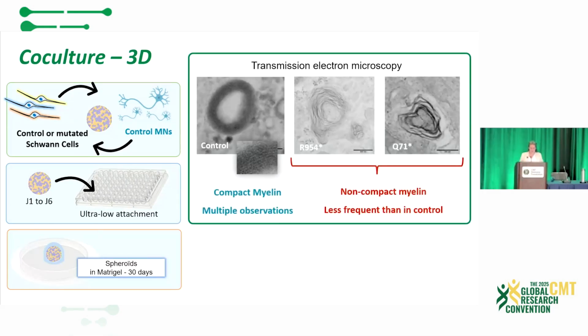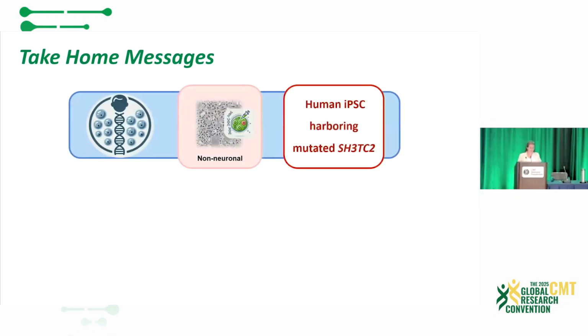What we obtained was very nice myelin, very compact, when we used control and control. When we used the mutated Schwann cells, we have non-compact myelin. We saw this in multiple observations, and compact myelin was less frequent than in control. This is also published.